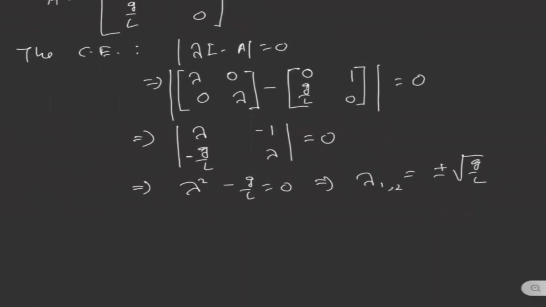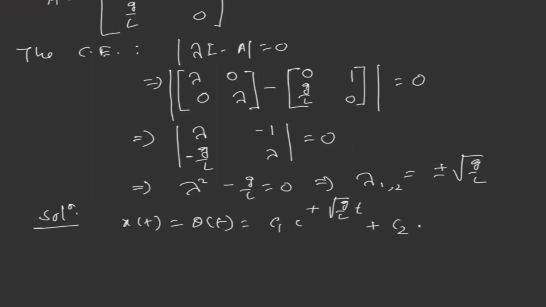And the solution we are having, x of t or theta of t, we can write c1 e to the power root g by l t plus c2 e to the power minus root g by l t. So here also the same expression what you had before, the same expression we are obtaining here for theta of t.